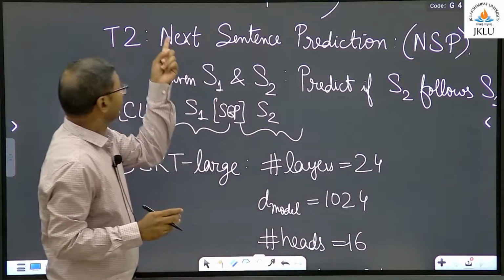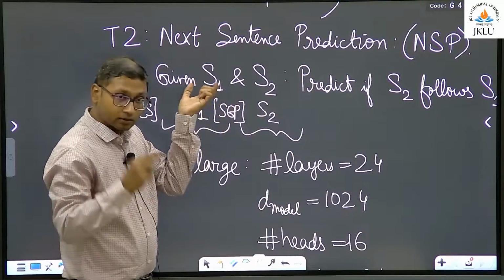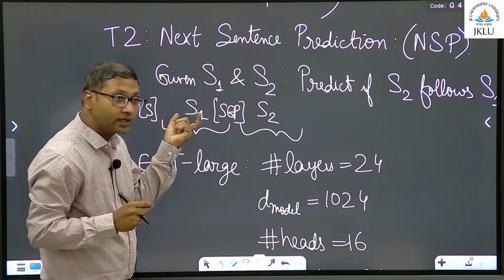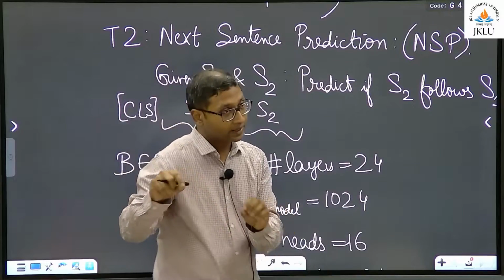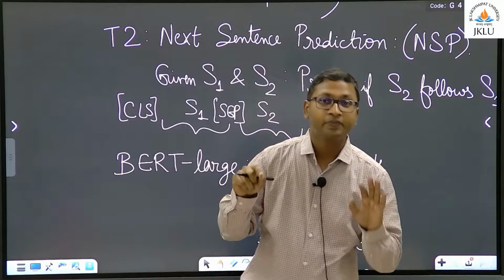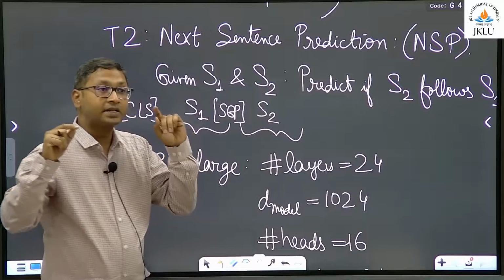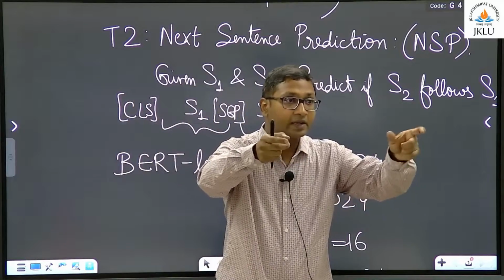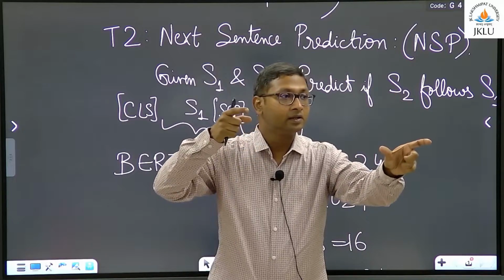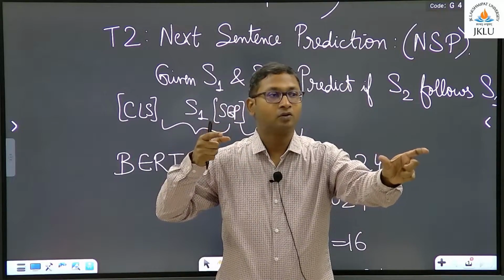Similarly, in this NSP prediction, what the paper says is that even though we are calling it sentence 1 and sentence 2, they explicitly mention in the paper that S1 doesn't have to be a sentence that a human being thinks of. It can be any arbitrary contiguous chunk from your corpus.